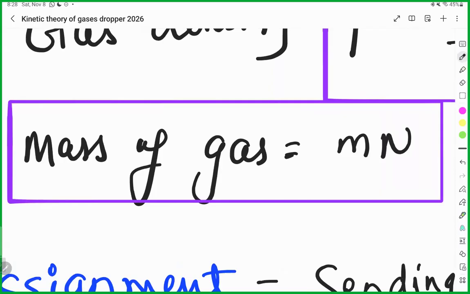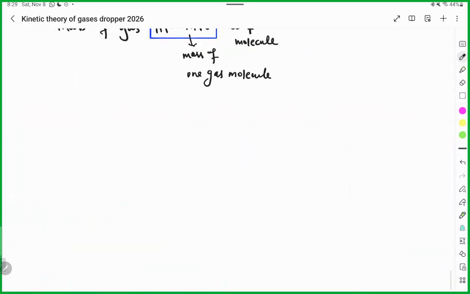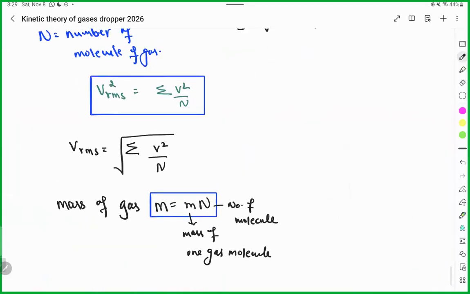Same thing: you have 100 balls, and one ball's mass is 1 kg. You fill these 100 balls in a bag. So tell me, what is the total mass of the bag? Total number of balls and mass of one ball, isn't it? Same thing. Yes or no? Yes, sir.